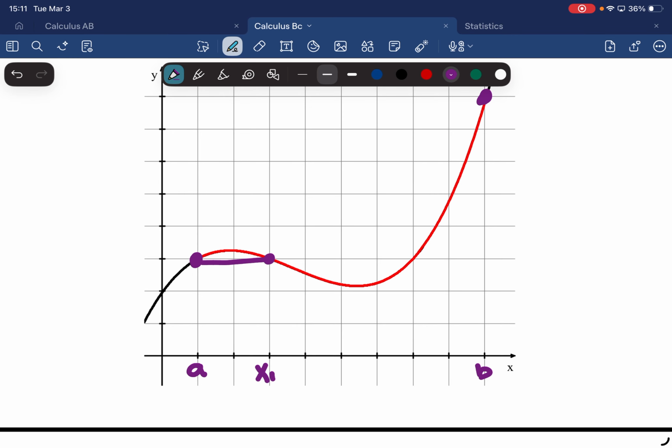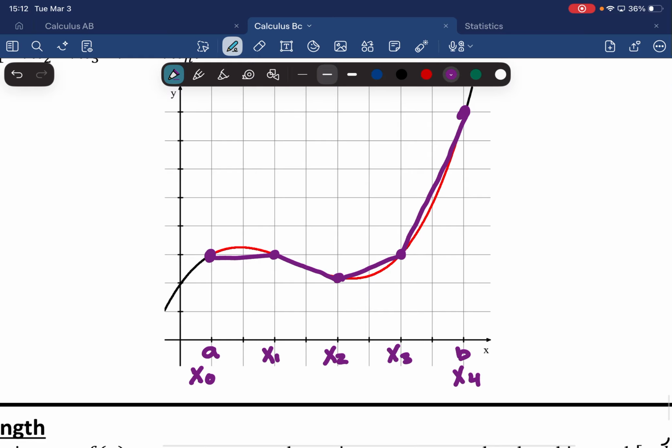Let's say I make another one here, connect those lines, and that is x sub 2. Then I do another segment, connect the line, x sub 3. And then I connect this last segment here, and so really B is x sub 4. If you wanted to go back, you would say A is x sub 0, the very beginning of these segments.